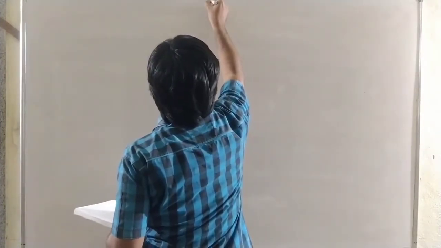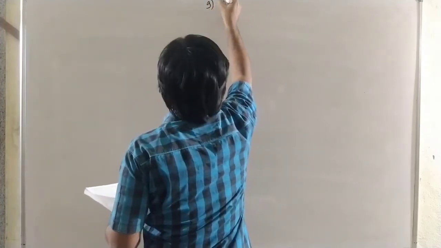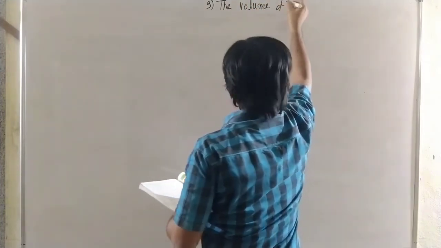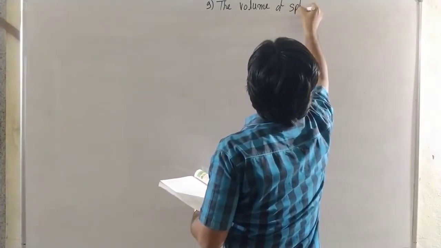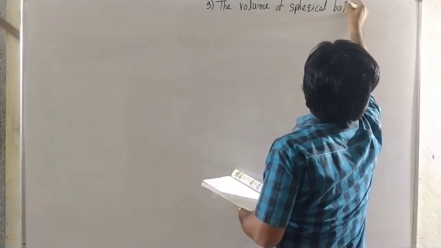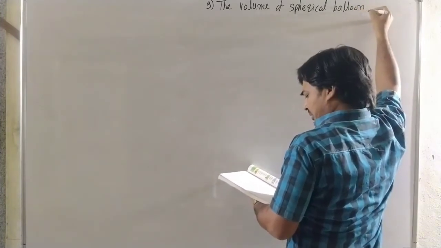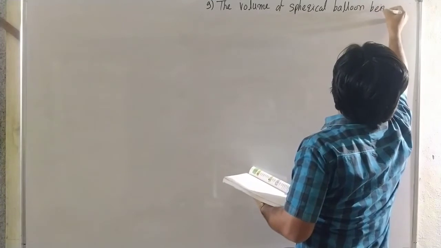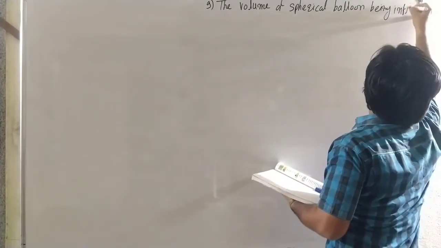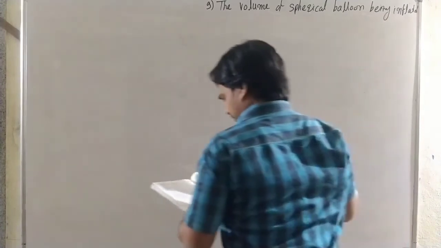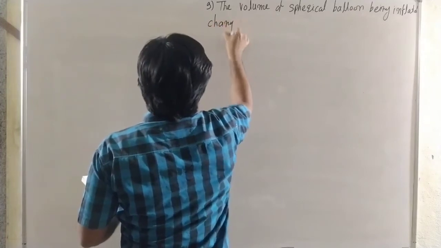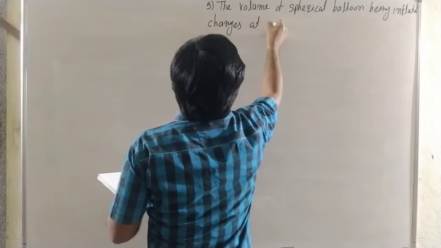Now example number 9. The volume of a spherical balloon being inflated changes at a constant rate.